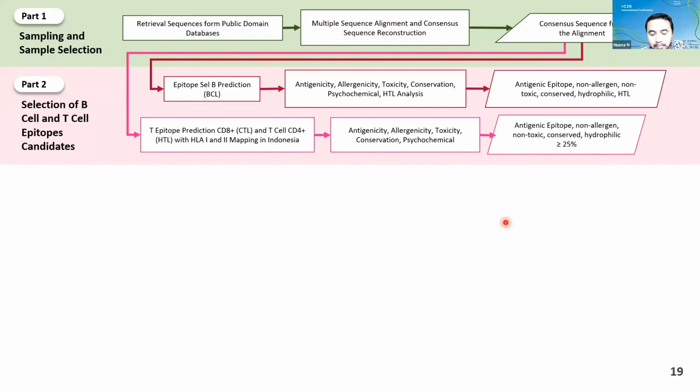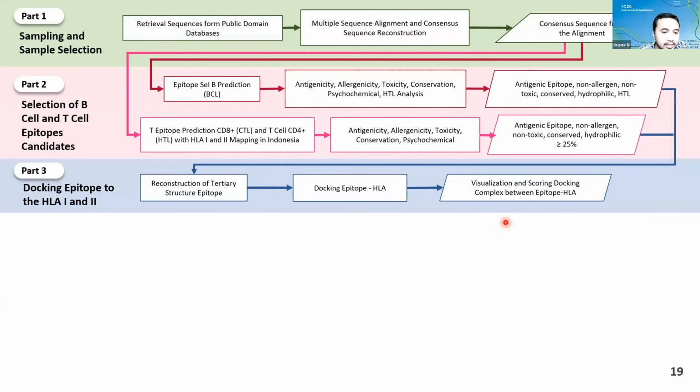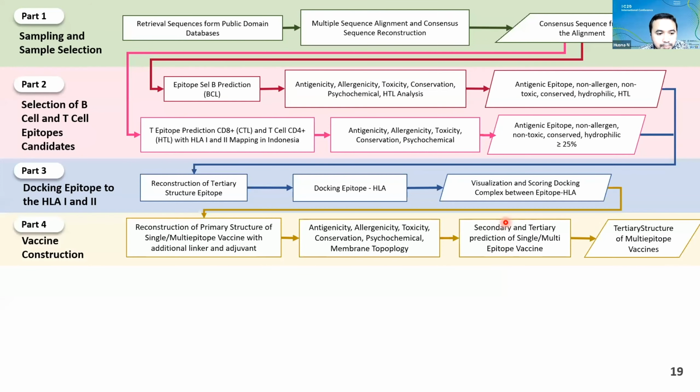We can apply several parameters such as antigenicity, allergenicity, toxicity, conservation, and others, and then do the docking to the HLA, the human leukocyte antigen, from class 1 and class 2. And then we start to make the vaccine constructions.